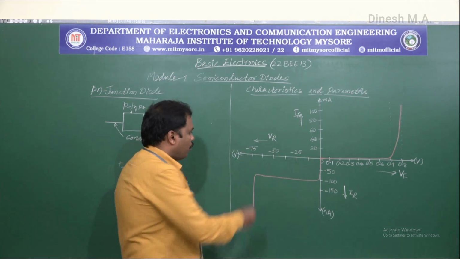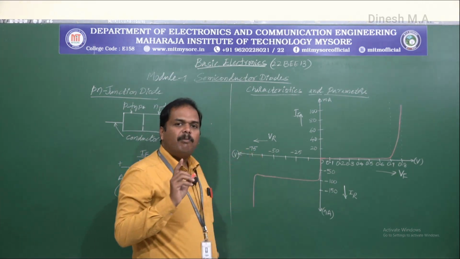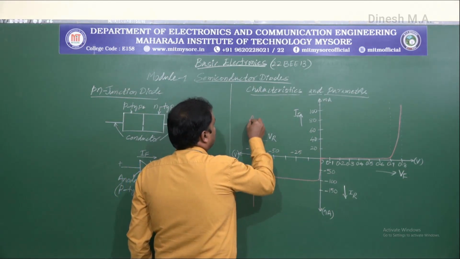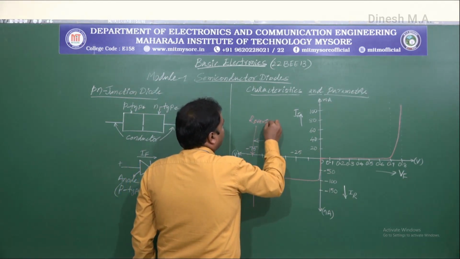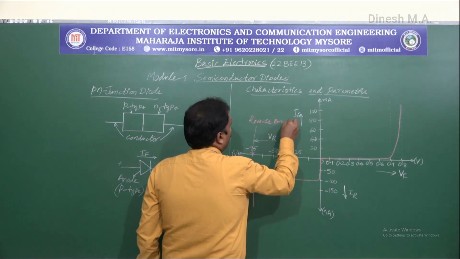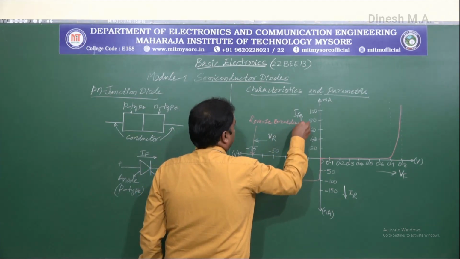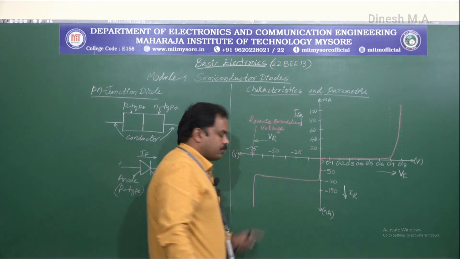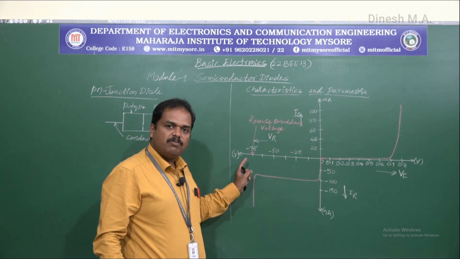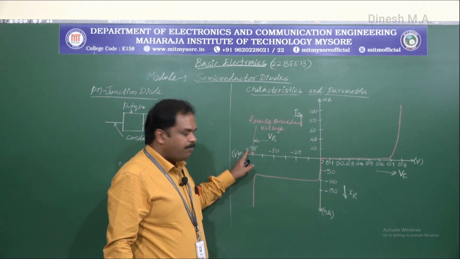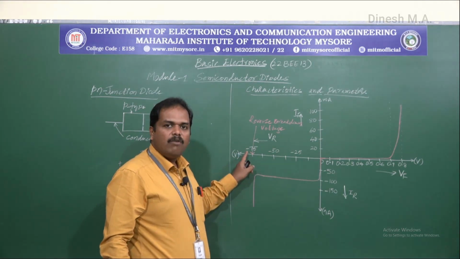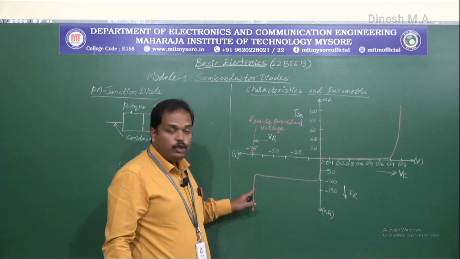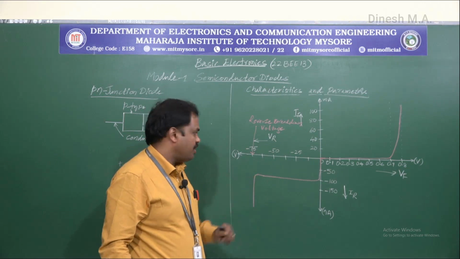The point where the junction breaks down, we call this point the reverse breakdown voltage. So at typically minus 75 volts for a silicon diode, the junction breaks down and there will be a huge current flowing through the junction.